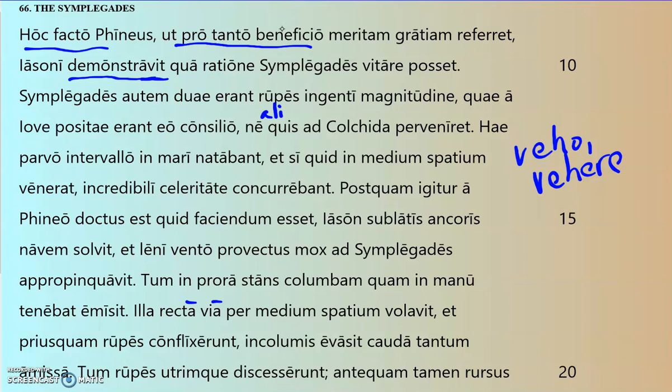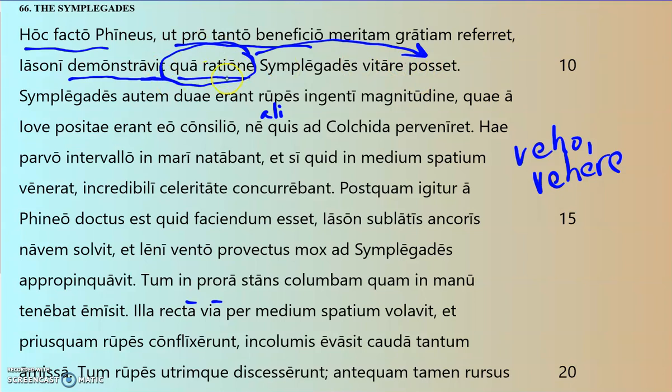And then we have quadratione. What this is, is basically being used adverbially. You could translate this as how even, but it's introducing an indirect question. He showed Jason in what way or how he might be able to avoid the simplegades.